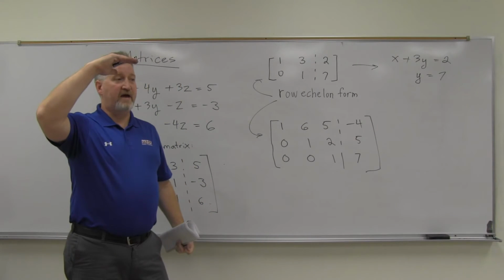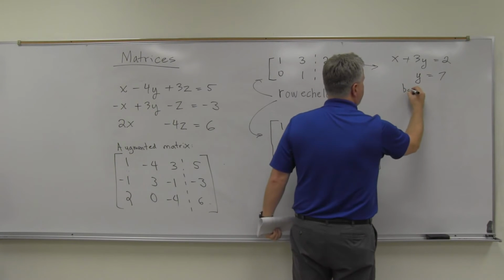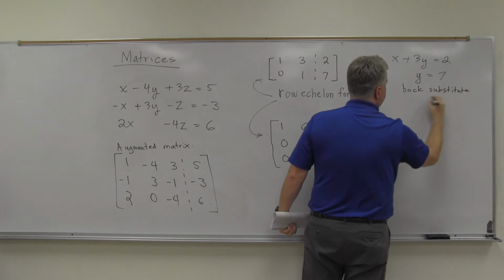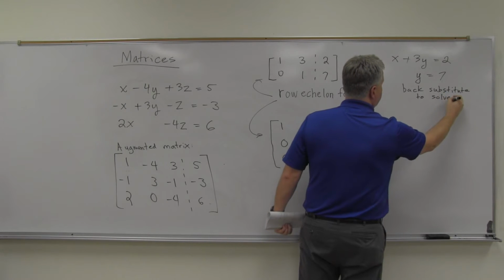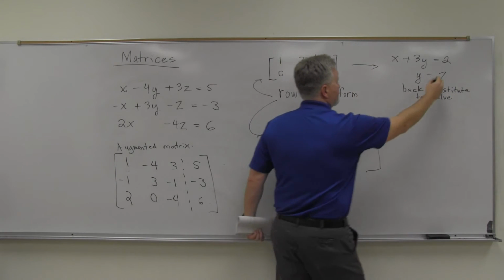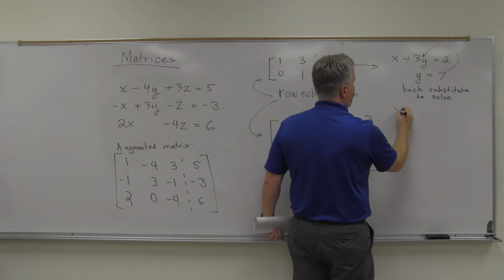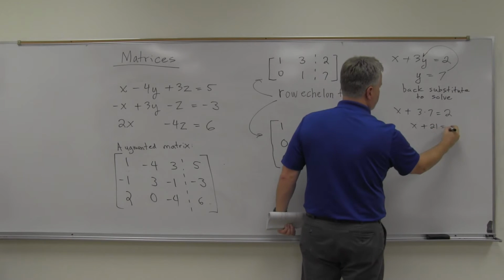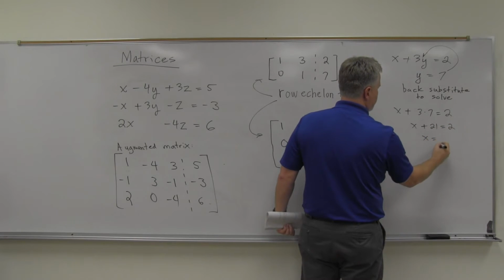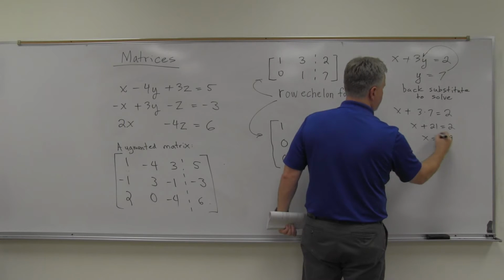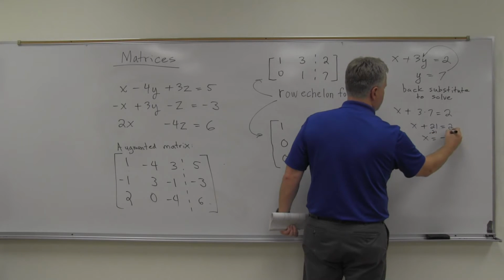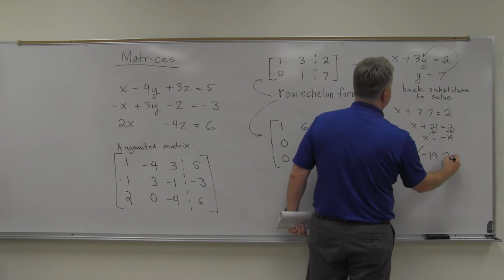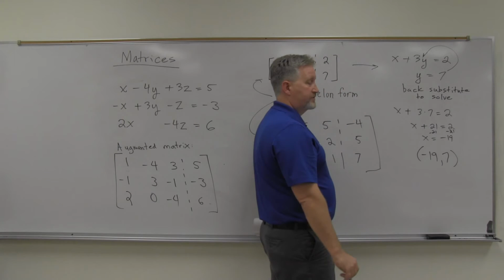All I have to do is back substitute. So x plus 3 times 7 equals 2, so x plus 21 equals 2, so x is -19. So -19, 7 is the solution to the system.